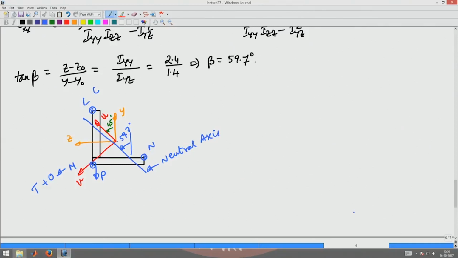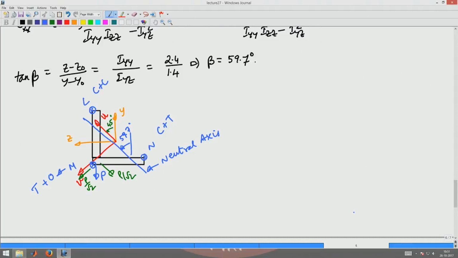The P by root 2 load acting along the direction of U is also going to produce compression at L, so there will be compression and compression at L. Whereas at N, the load acting along V produces compression because it is above the U axis, and the load acting along U will produce tension because it is below the V axis.